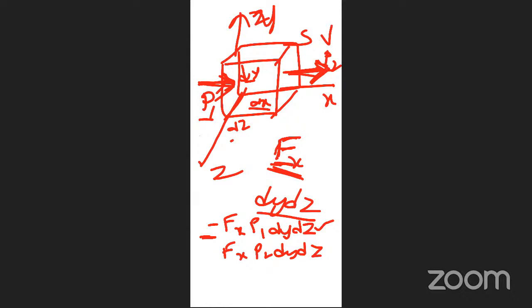Similarly, the flux leaving is on the right side. The flux through the right face is Fx at P2 into dy dz. This is the leaving, outgoing flux, so it takes the positive sign.